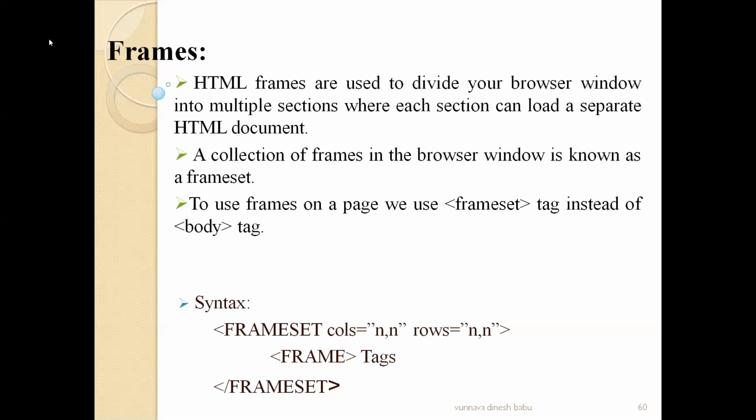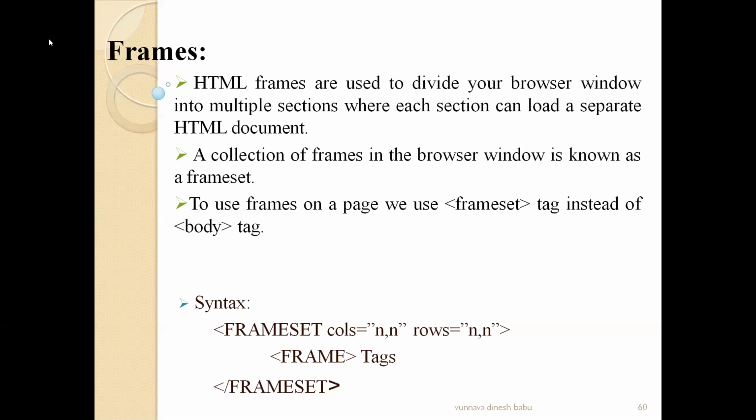If we want to divide the web page into multiple columns, we use the columns attribute. If we want to divide the web page into multiple rows, we use the rows attribute.